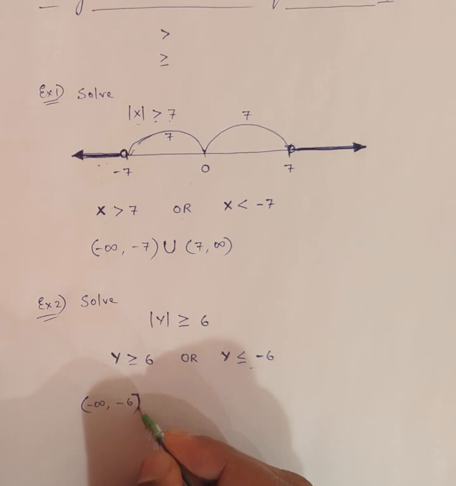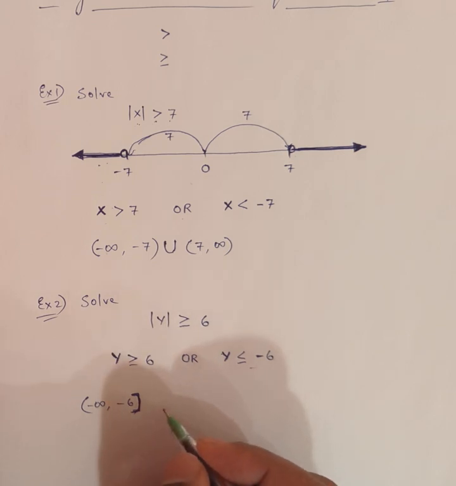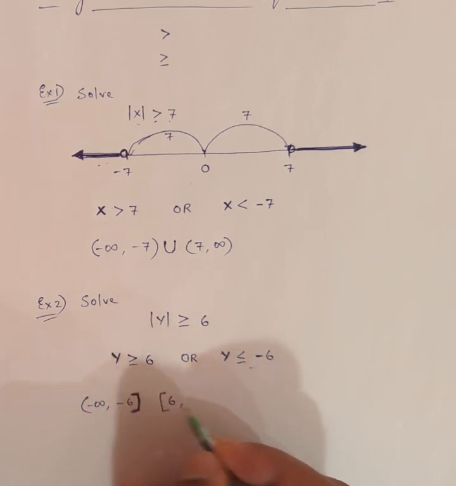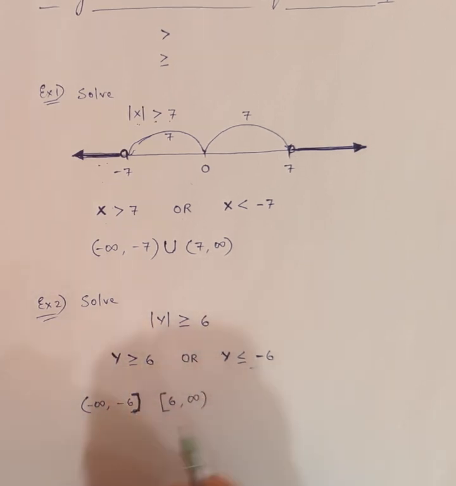And this time 6 is included, and so is negative 6. So it's going to be a closed bracket. And then y greater than or equal to 6 means it's going from 6 to infinity. But 6 is included in our answer. So this time we have brackets.